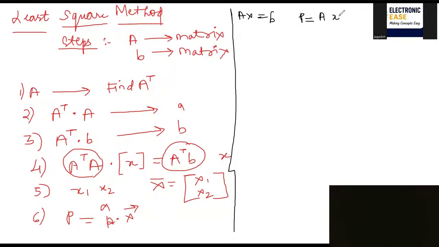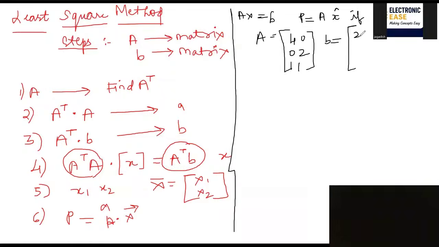So this is X cap. If A equal to 4 0, 0 2, 1 1, B equal to 2 0 1.